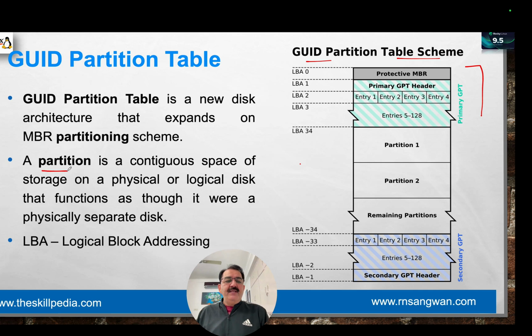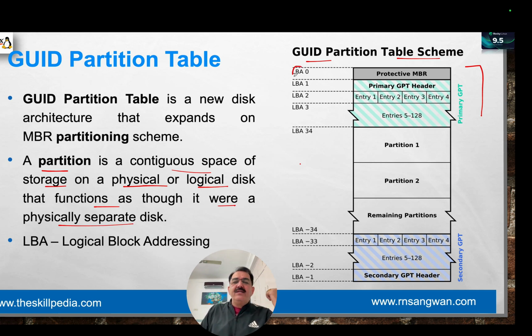So partition is nothing but a logical division, as I said. Think of a section of a book or chapter of a book. It's a continuous space of storage on a physical or logical disk that functions as though it were a physically separated disk.